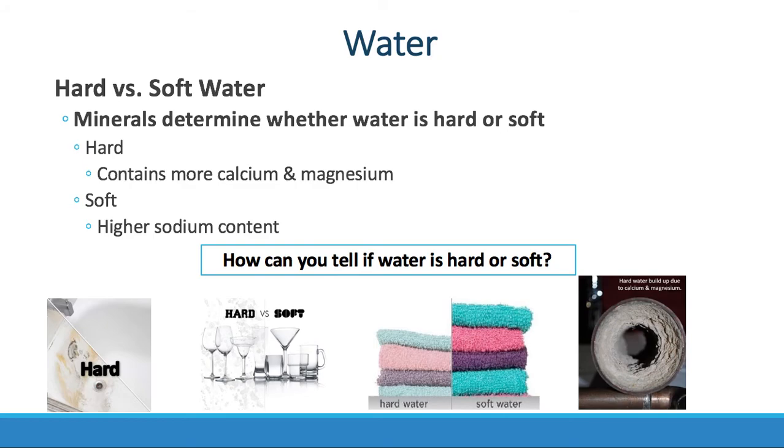So this is the principle of a water softener, to exchange sodium for calcium and magnesium ions, to increase the sodium content and lower the calcium and magnesium content within the water to make a softer water. We don't see a lot of effect as far as our food supply or our cooking methods go related to hard and soft water, but it's just something to be aware of.